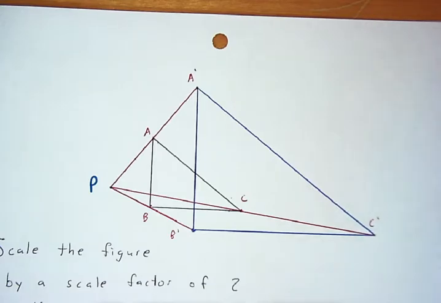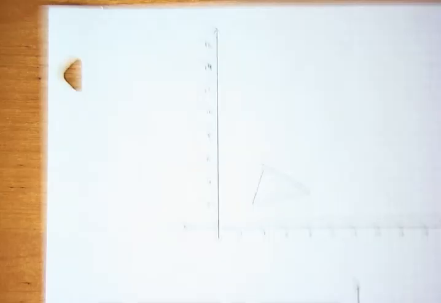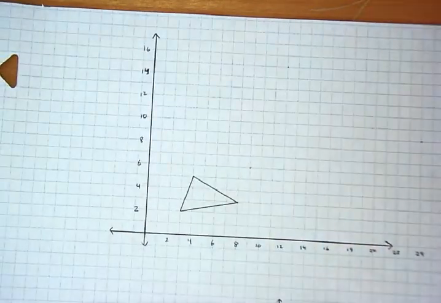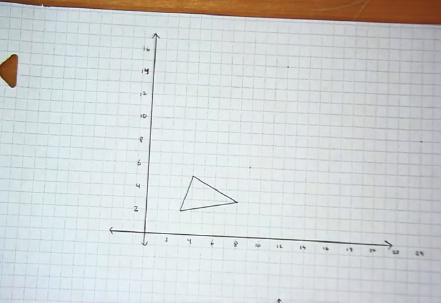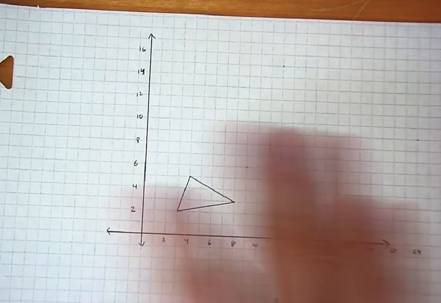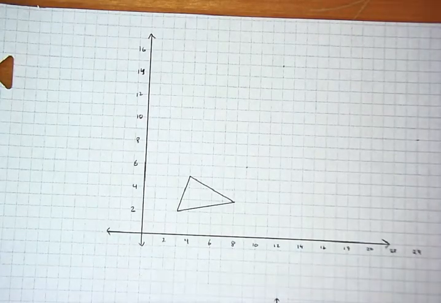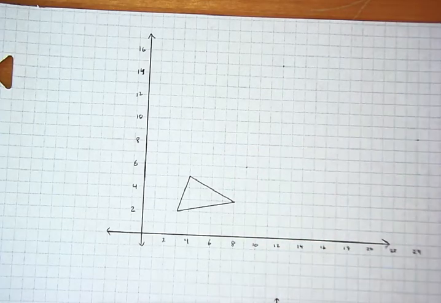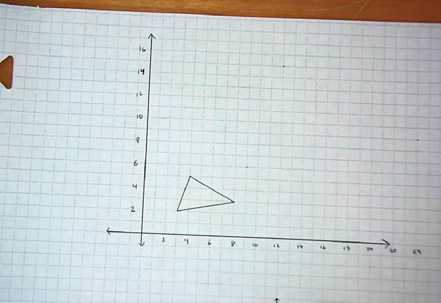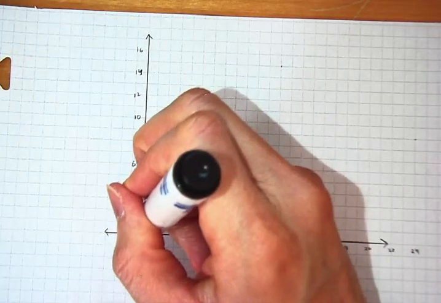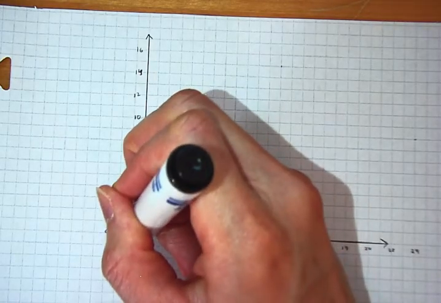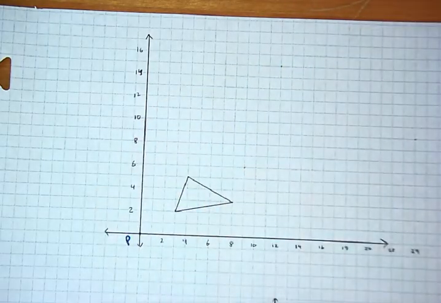Let's do this now on a grid. Okay, and here you can pick anywhere on this grid to be your center of dilation. For right now, I'm going to say let's pick the center of dilation P to be 0, 0. So we're going to pick this point right here to be your P at 0, 0.